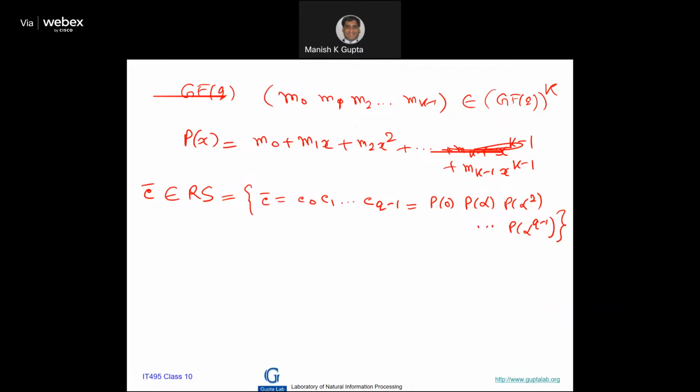So essentially, what we are saying is Ci is P of alpha raised to power i. Actually, C1 is alpha raised to power 1, and obviously C0 is equal to P of 0, right? This is what it is.